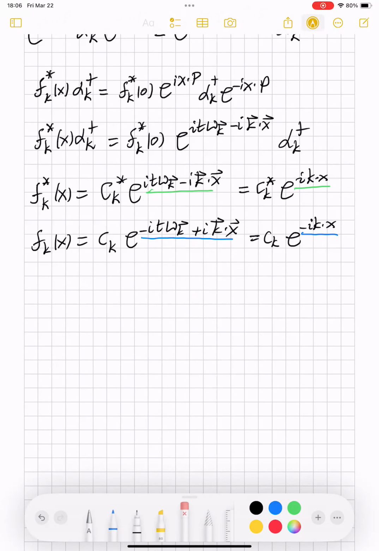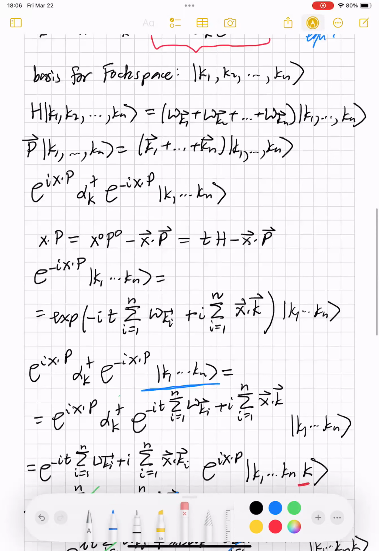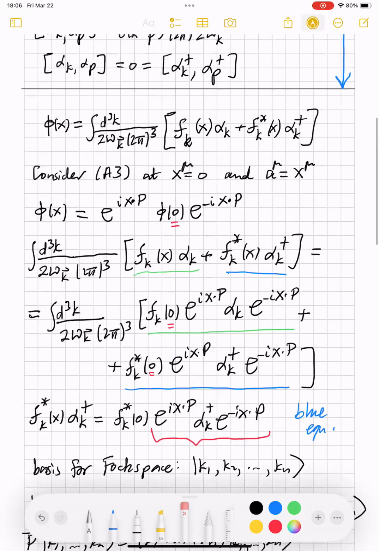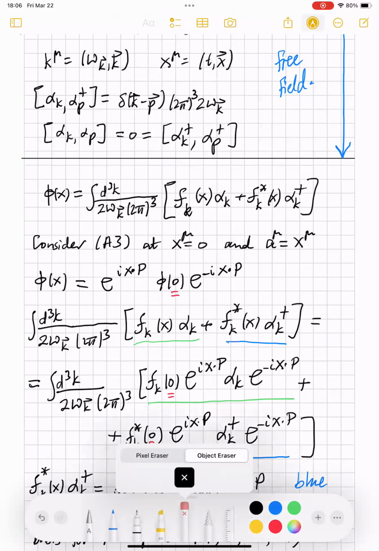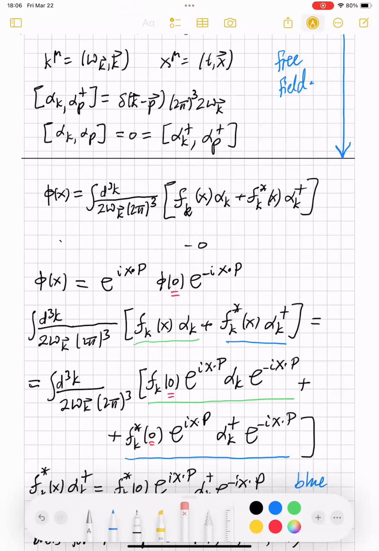Let's now add this in to our field. So here's our field sitting over here. Good. So we've finished solving A3, and let's determine the x dependence of these functions. So let's put the x dependence in.